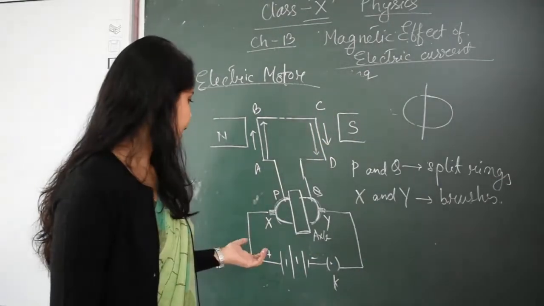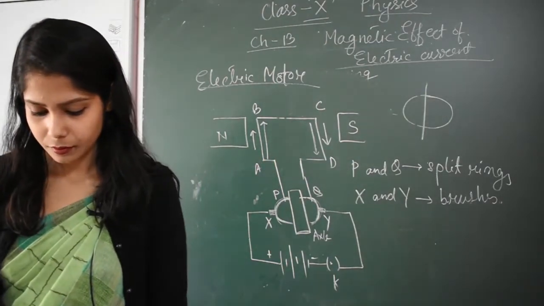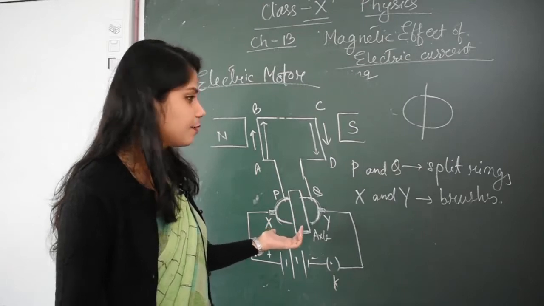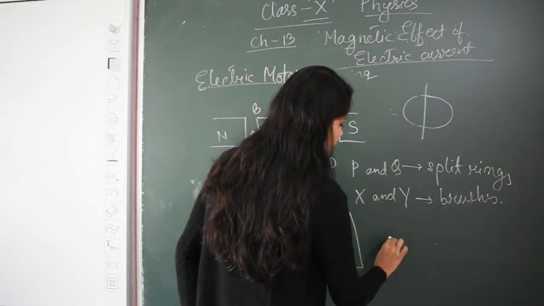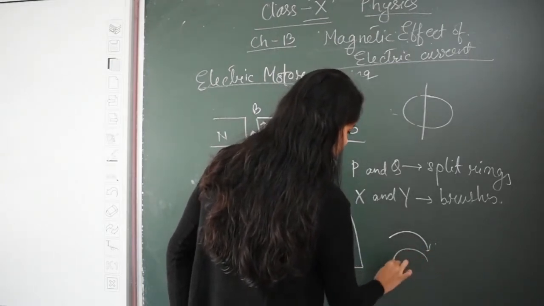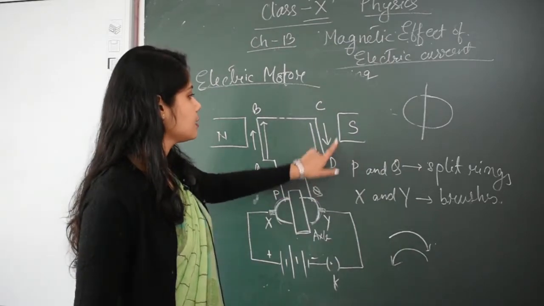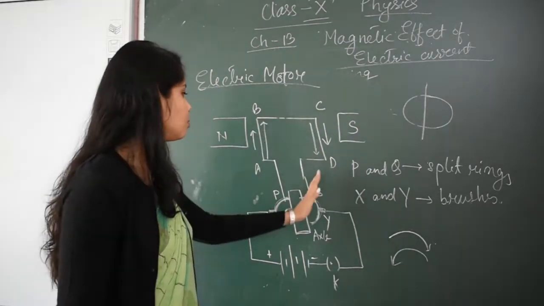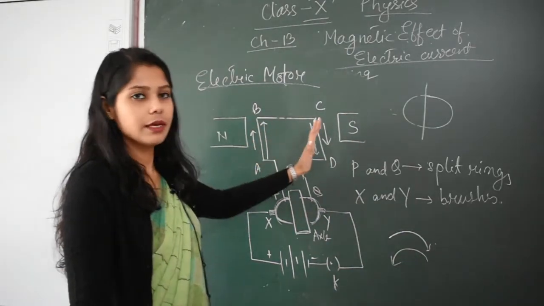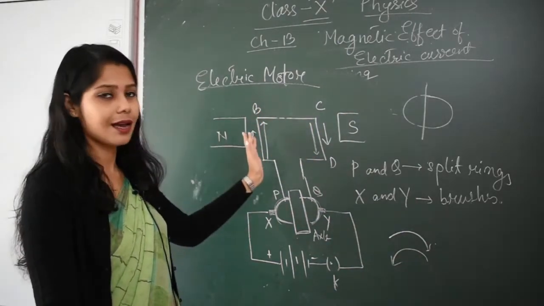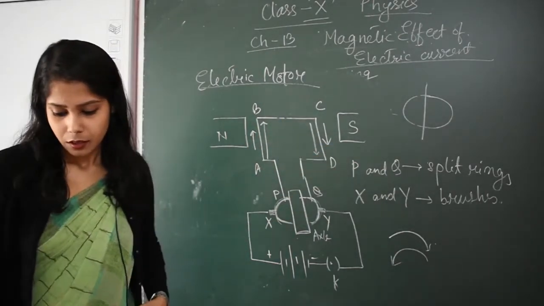The coil and the axle are free to turn about an axis, either clockwise or anti-clockwise. Since this part is moving upwards, at first it will move anti-clockwise, and after half a rotation it will move clockwise.